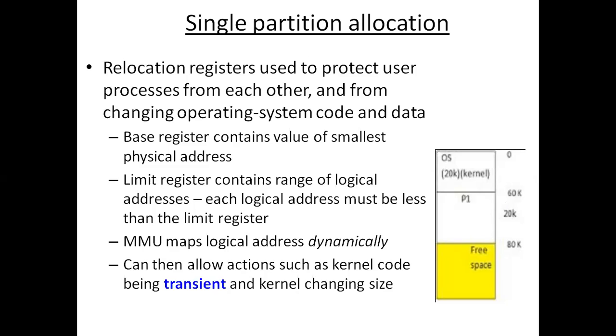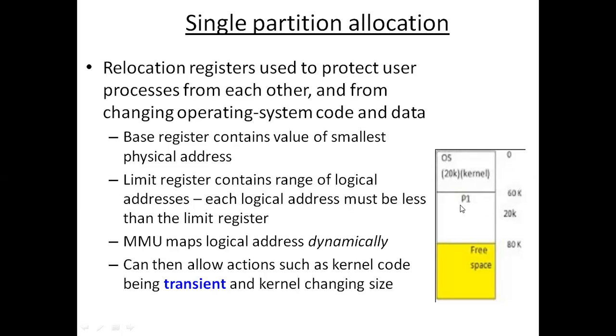Okay, so over here, if you look at this particular image, 20 kilobytes is taken care of by the operating system, and the other 20 kilobytes is taken by the process P1. Okay, so here when I say 20 kilo, the operating system totally is 60 kilobytes. Out of that, the main kernel is basically 20 kilobytes. So this entire space is 20 kilo.